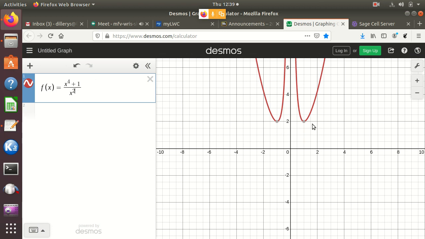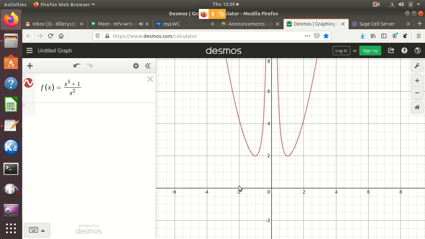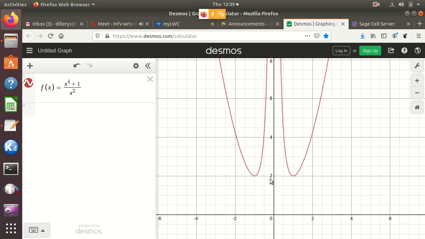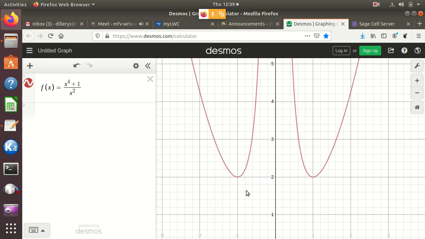So there's our picture. Definitely it appears that we have this vertical asymptote at x equals 0.